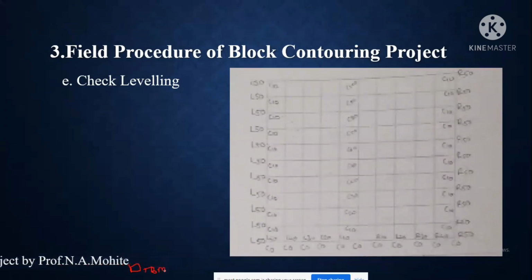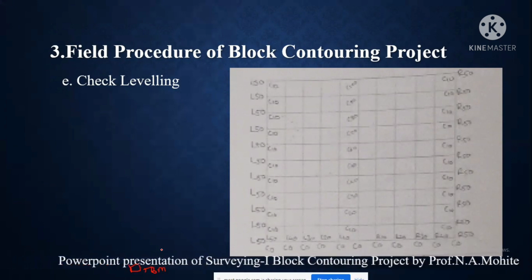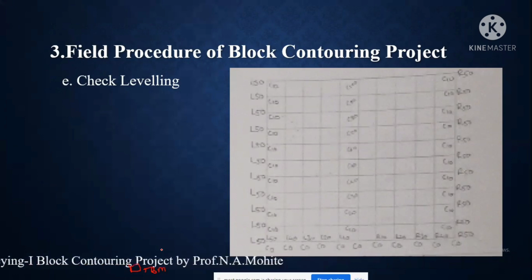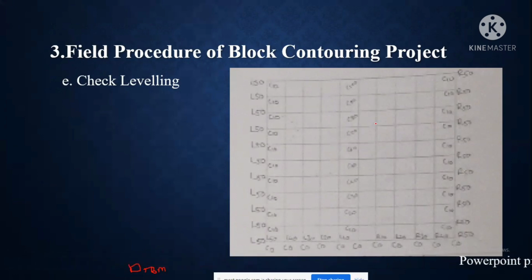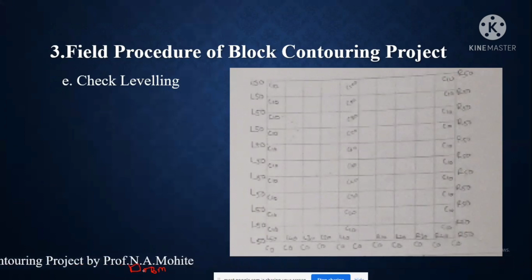Up to that, we will again do the leveling operation, in which only BS and FS readings will be taken. Finally, we will see that with reference to this we have calculated the RLs of all these points, and at the last, when doing the check leveling, it should come out to be what was initially chosen.